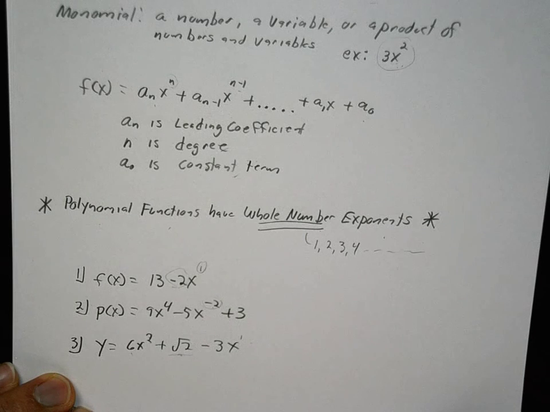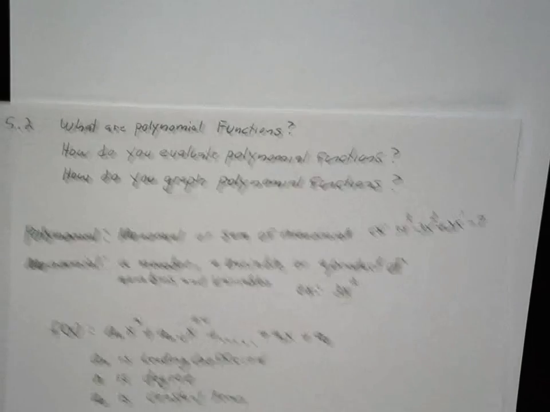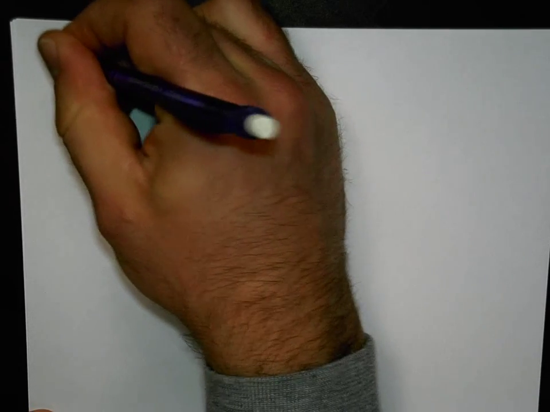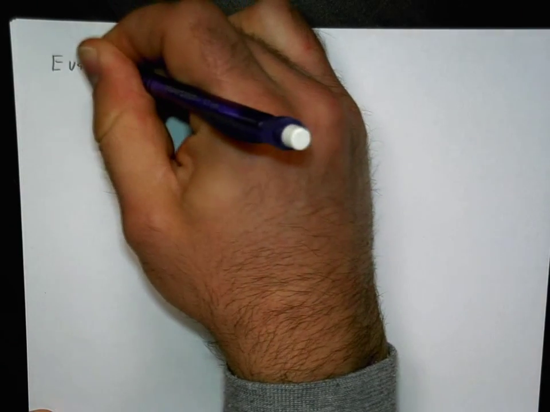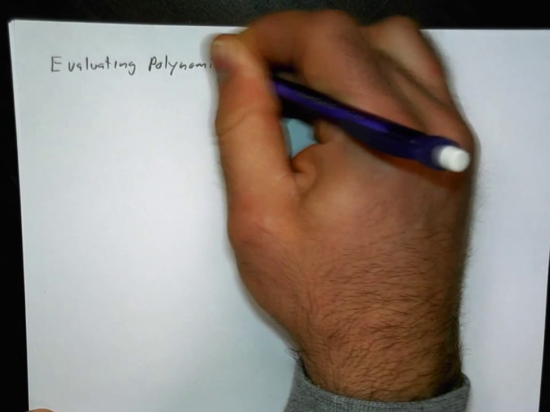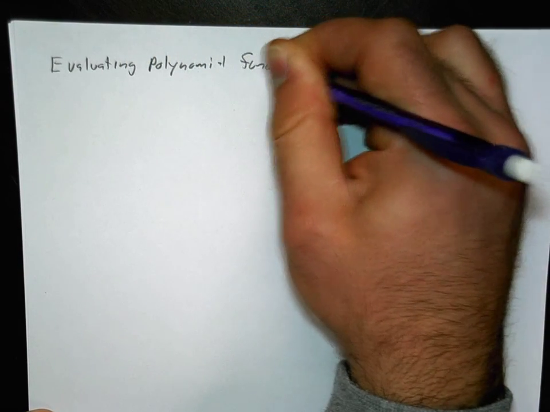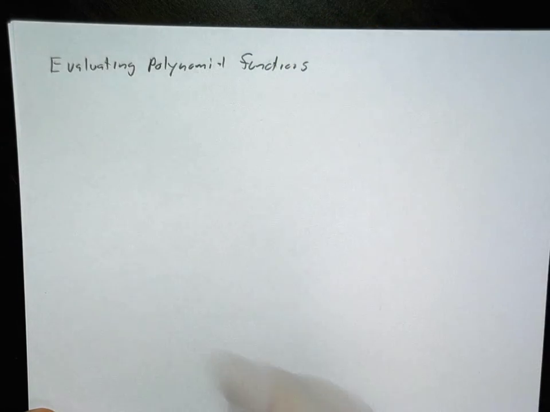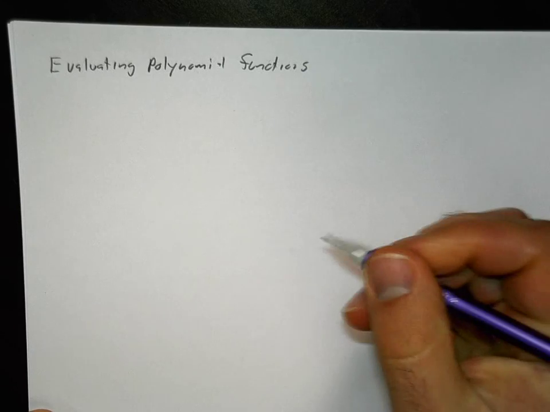Now the next part of this section is about evaluating polynomial functions. Okay, so I'm going to start on the page here. There's 2 ways we're going to evaluate polynomial functions.